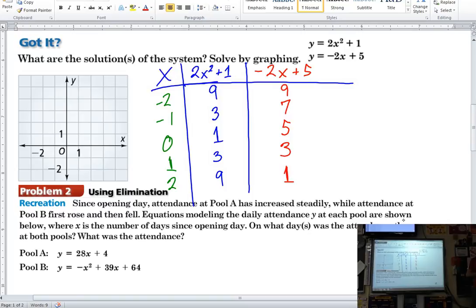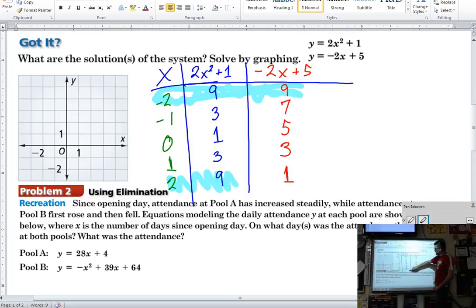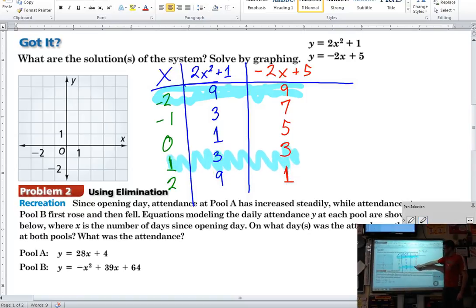And when I set up a table, sometimes my results just jump out at me. So my solution points are at -2, +1.